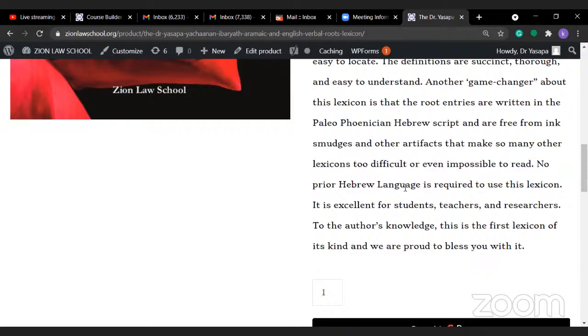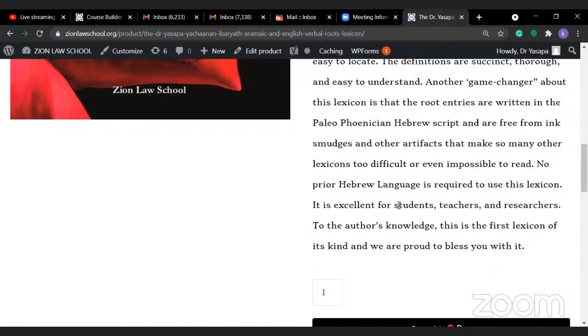Okay, no prior Hebrew language is required to use this lexicon. It is excellent for students, teachers, and researchers. Every Hebrew Israelite camp, every organization, every church, every family, every man, every woman, every child should have their own personal copy of this book.